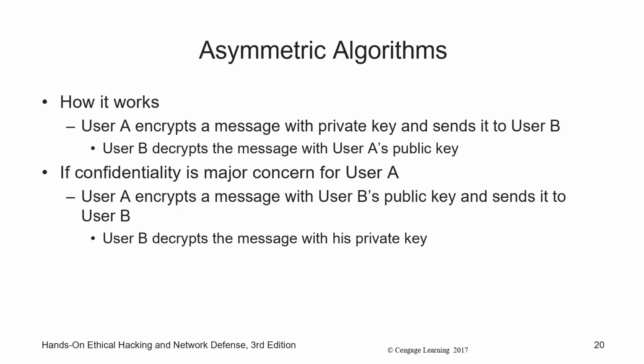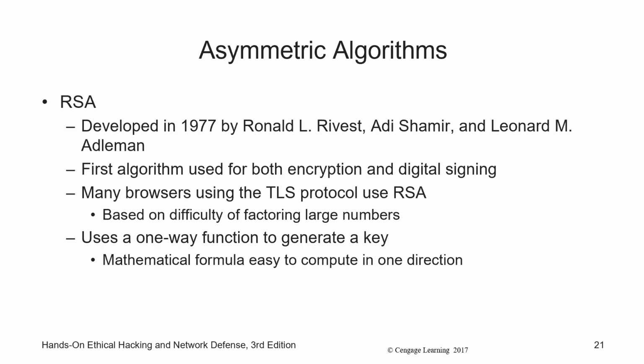We can add confidentiality if we both use a public key and private key pair. So that can be added in, but again, it's not as efficient as a symmetric algorithm. RSA was really the first one using this. This is what the TLS protocol is based off of in browsers, and it's a one-way function to generate the key.